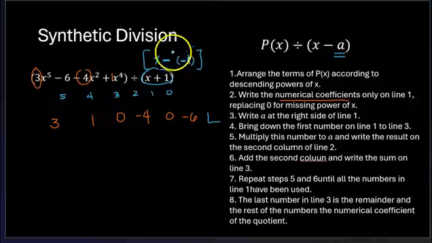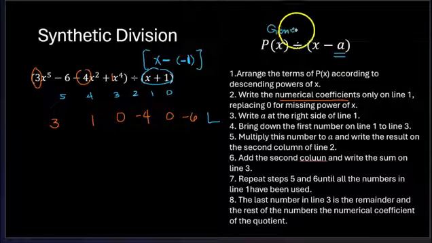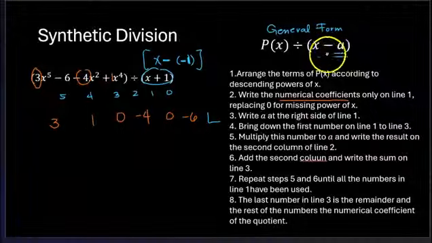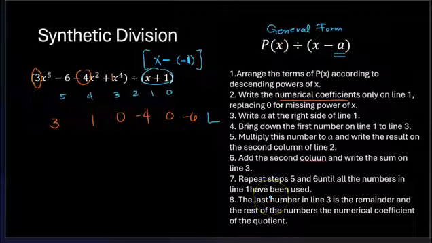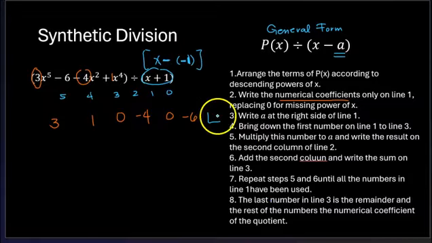So why do I need to do this? Because this is the general form so that you can apply synthetic division. If it's not of this form, we cannot apply the rule here. So that means I have to rewrite this. So that's negative 1 instead of 1 because this is plus.